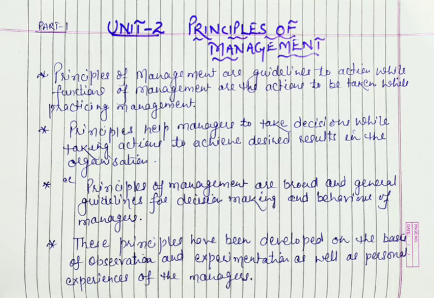Principles help managers to take decisions while taking actions to achieve desired results in the organization. These principles are basically broad and general guidelines for making efficient decisions and for the behavior of managers.